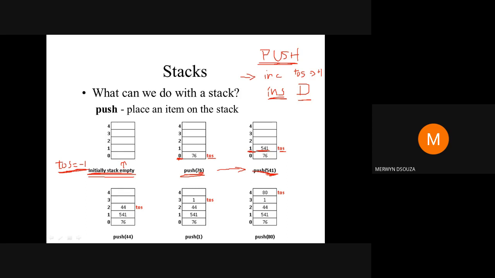Okay, next, again you try to push. So increment the top of the stack. So again you add, what is the present value of top of the stack? 1. So 1 plus 1, top of the stack is 2. So at that place you insert the new value that you want to store. So you're going to store 44 here at 2. Again you try to push, increment top of the stack.